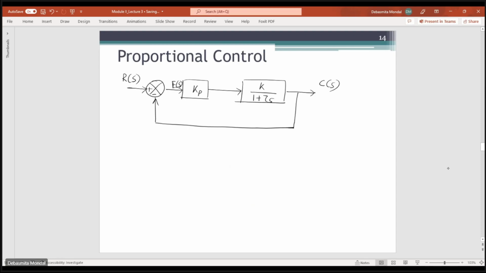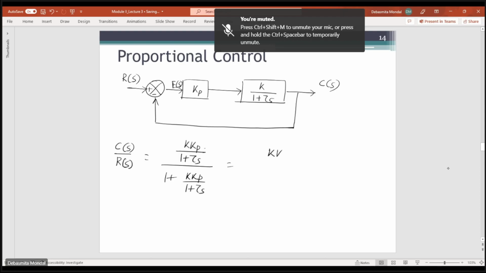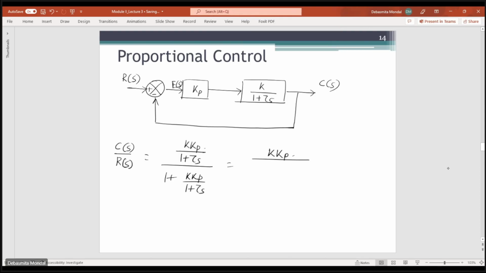If you analyze this system, C(s) by R(s) will be equal to K Kp divided by 1 plus tau s plus K Kp. So this is the transfer function of this overall system.